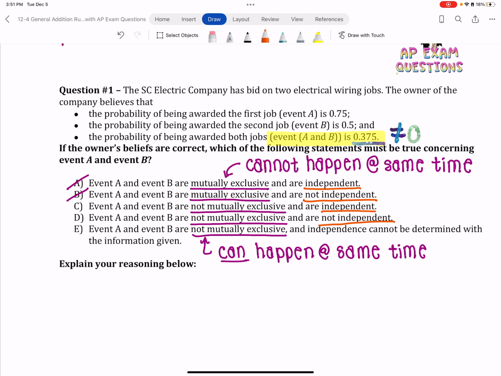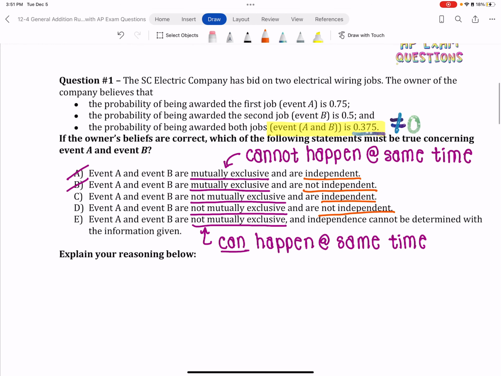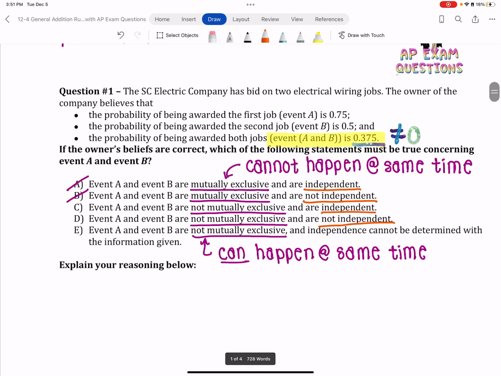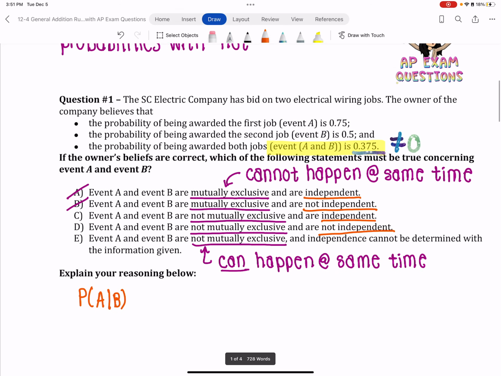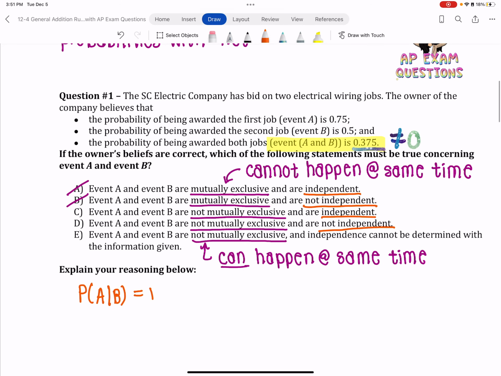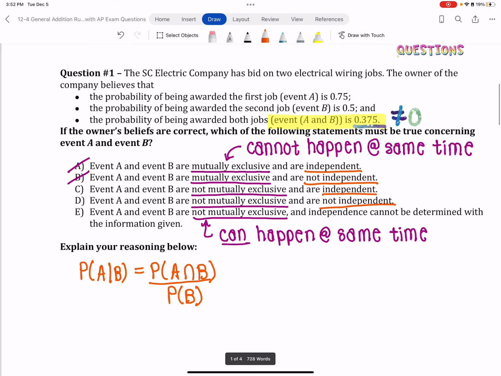Well, to determine if two events are independent, remember that our conditional probability, probability of A given B, is equal to the probability of A and B happening divided by the probability of B. So the bottom is always our given.